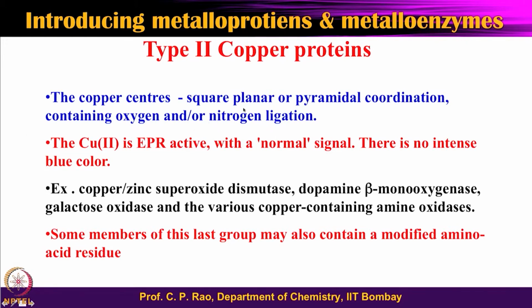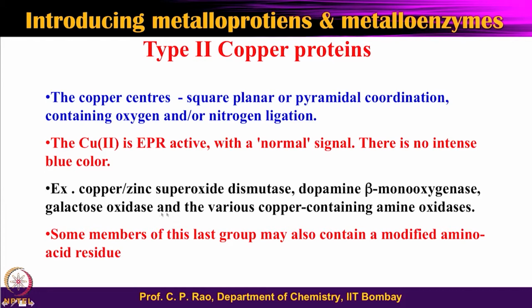There is no thio involved, therefore there is no charge transfer, therefore there is no blue color. So, these are non-blue copper oxidases. The copper 2 is EPR active with a normal signal and there is no intense blue color at all. Examples are copper zinc superoxide dismutase, dopamine monooxygenase, galactose.